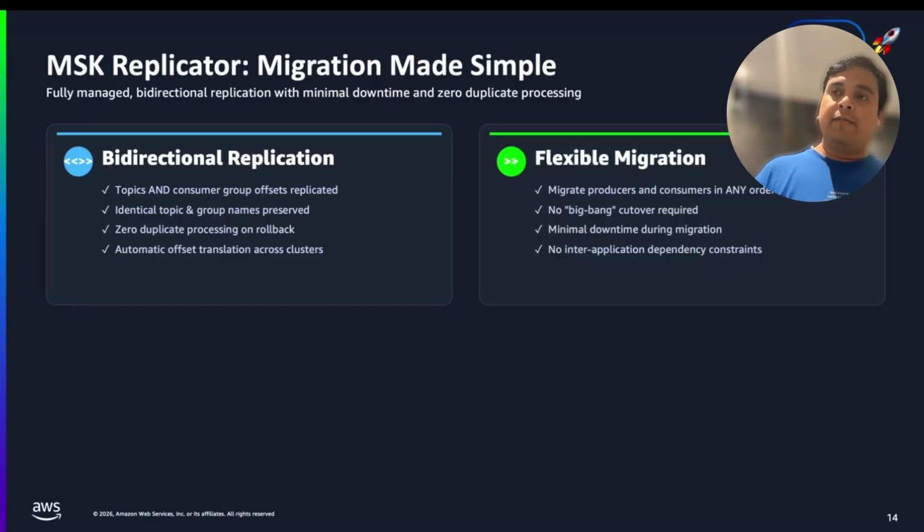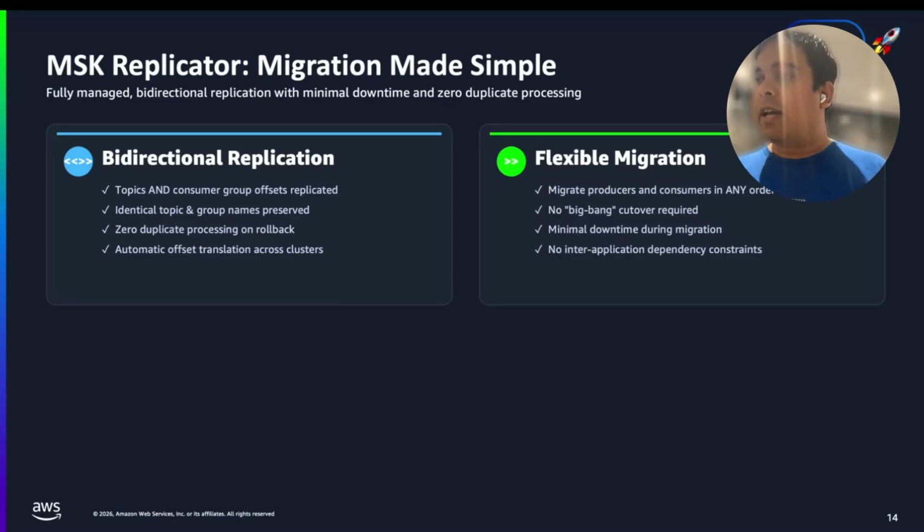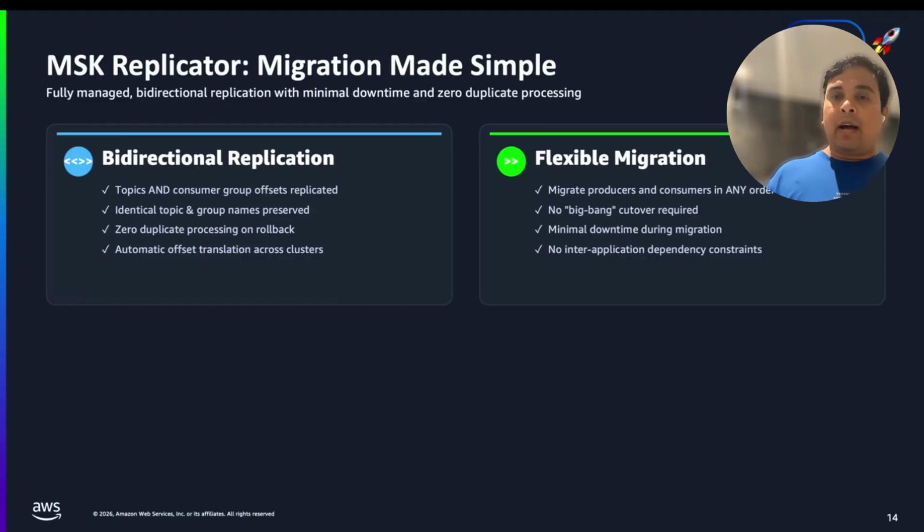Your migration becomes very flexible. A big challenge with migration is whether you should move client A first or client B first. Because we support enhanced consumer group offset replication, you can migrate the producers and consumers in any order, and you do not need to do any big bang approach for migration.